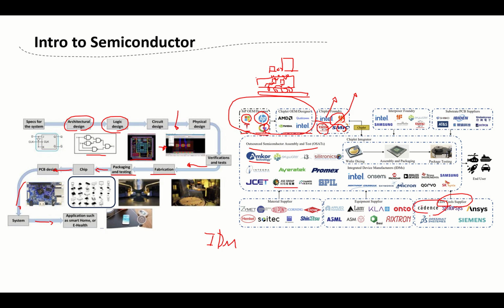They provide software for us to design the chips and do the layout. We also have equipment suppliers like KLA, Applied Materials, or ASM, and ASML for EUV, who provide the tools for foundries or advanced packaging to make their chips.